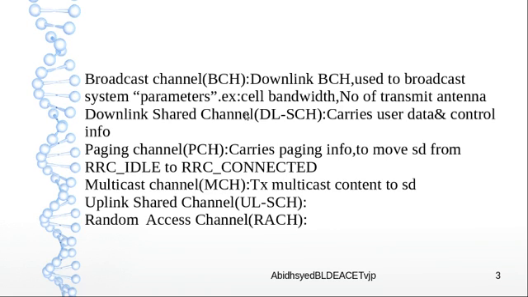What is the function of the downlink shared channel? A downlink shared channel carries the user's data. Whatever data the user wants to transfer to another user through the LTE system is carried by the downlink shared channel. It also transfers some control information.